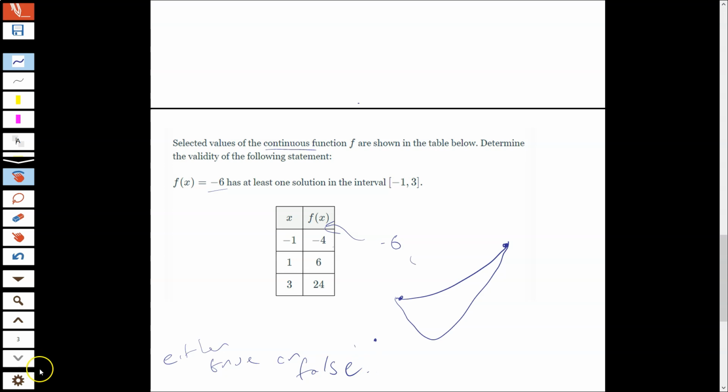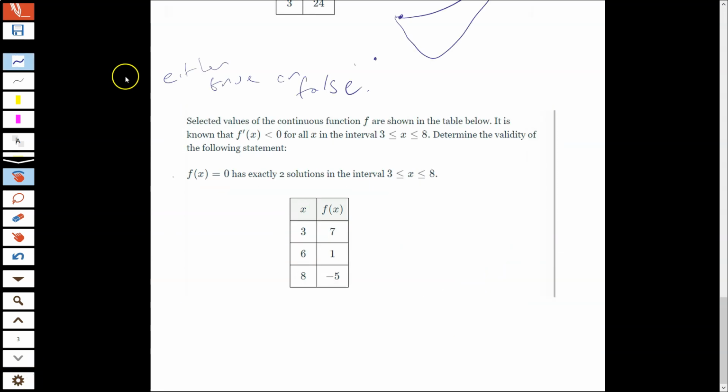Okay, we'll do one more example. Here's where we have to think a little bit harder. When you see that the statement we're looking at is a two-solution statement, that's when you really have to dig in. Okay, so exactly two solutions in the interval of 3 to 8. The first thing I'm going to look at is that this interval matches what we have here, and it does.